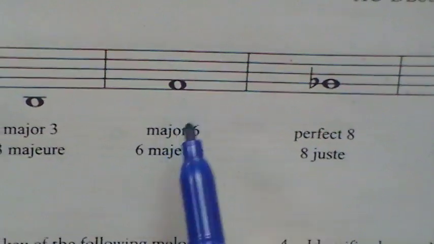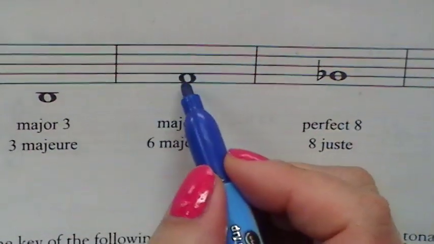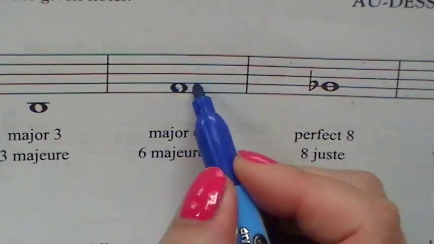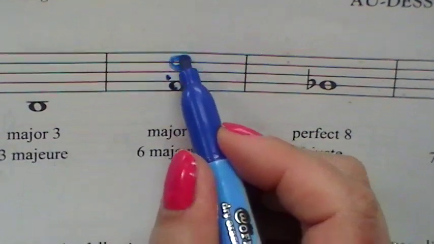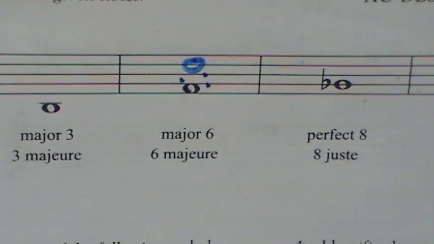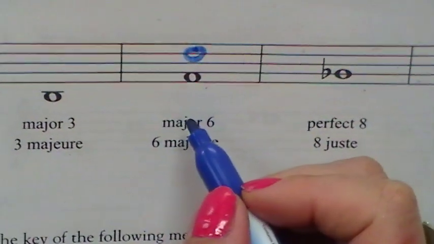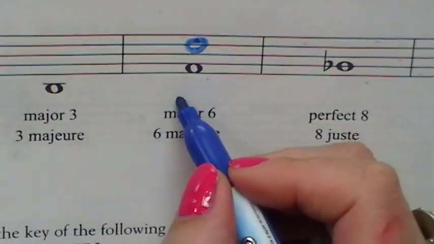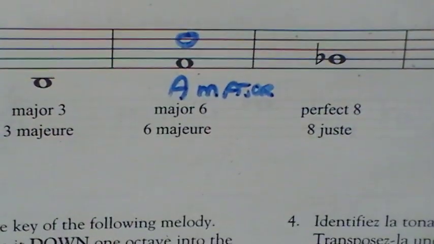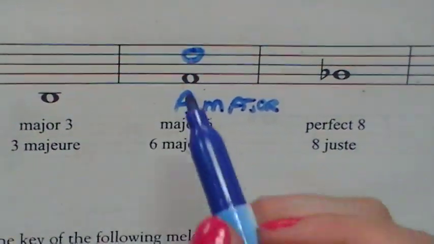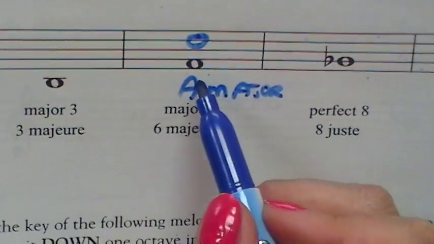Now they want a major sixth. Okay, so the first thing we do, we're going to count the note and then every line in space. So 1, 2, 3, 4, 5. Draw the note right there. 6. Now what do we ask? Who's the bottom note? It's an A. So in the scale of A major, would I play an F like that? So A major doesn't have a flat in its name, so we're going to look for sharps.